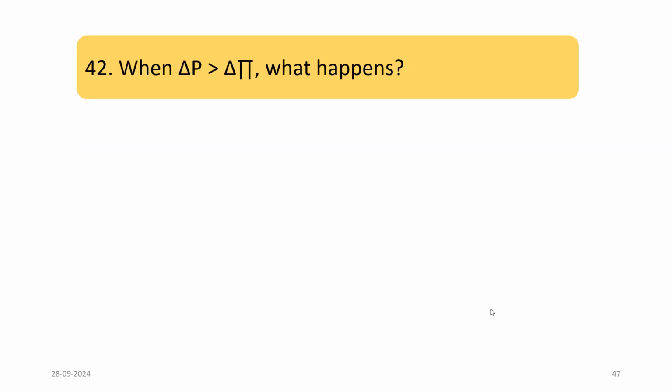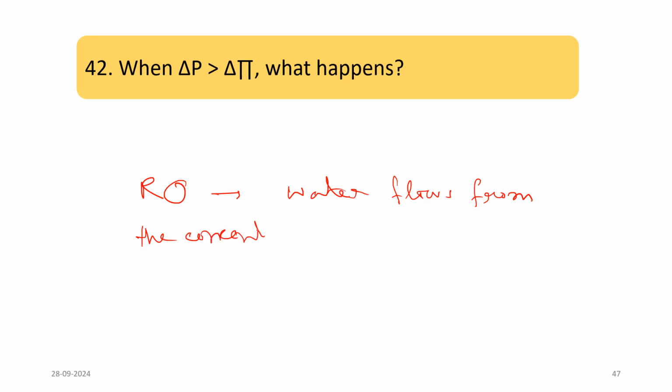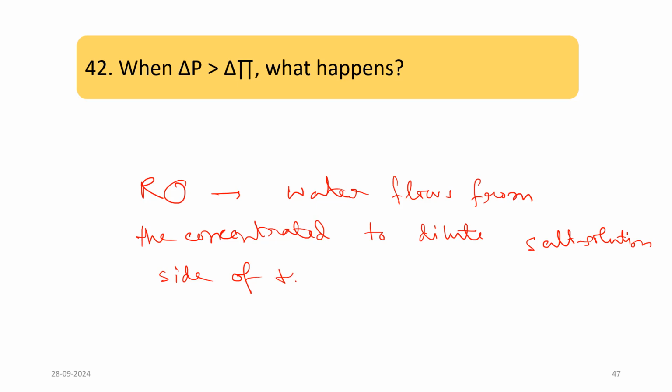Next, what are the expressions of observed and real rejection? Observed rejection is feed concentration minus permeate concentration, divided by feed concentration. Real rejection is defined here using C delta 1, which means the solute concentration at the membrane surface.